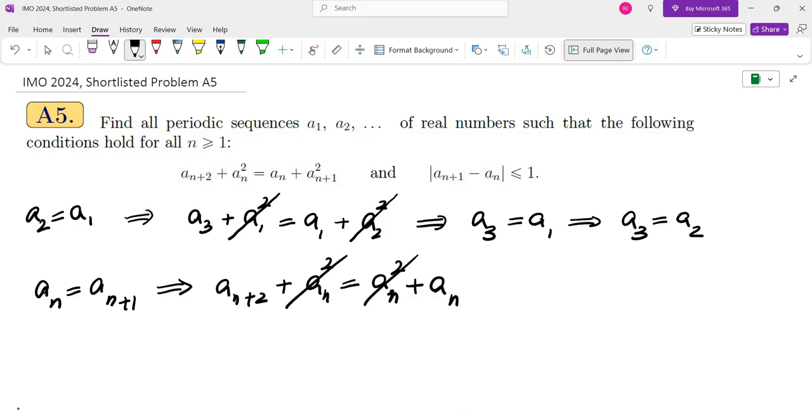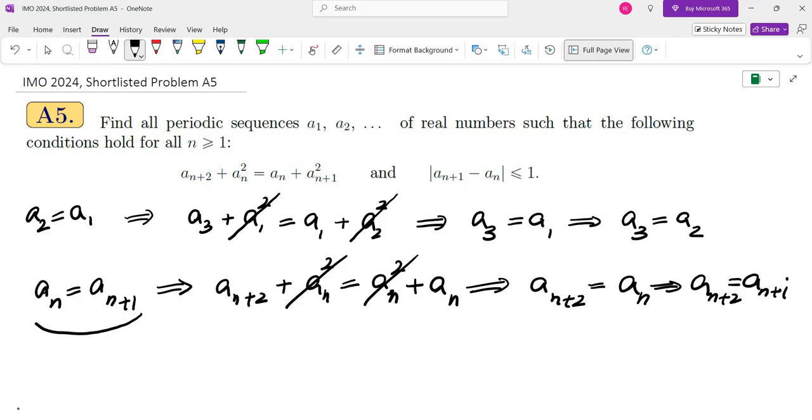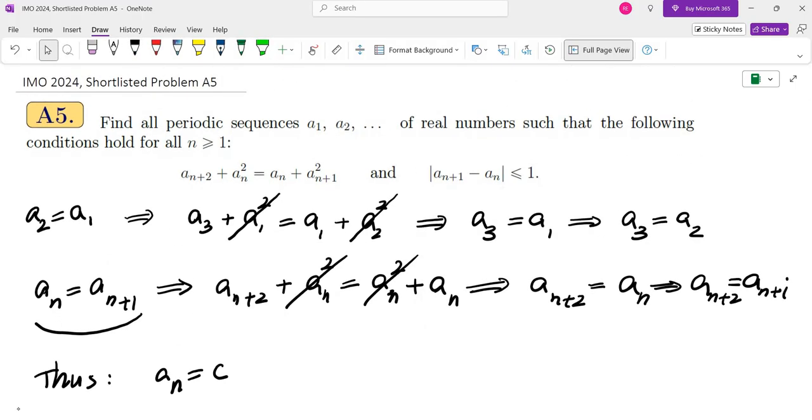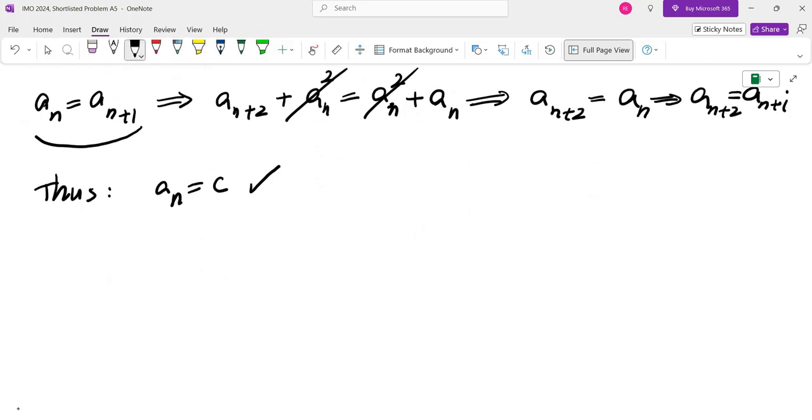So these two cancel, and I get a_{n+2} is in fact equal to a_n, which means a_{n+2} is equal to a_{n+1}. So if two consecutive terms are the same, then the next two consecutive terms are also the same. So this gives us the sequence a_n equals a constant. And the condition that the difference is less than or equal to 1 is automatically satisfied. So this is one example of such a sequence.